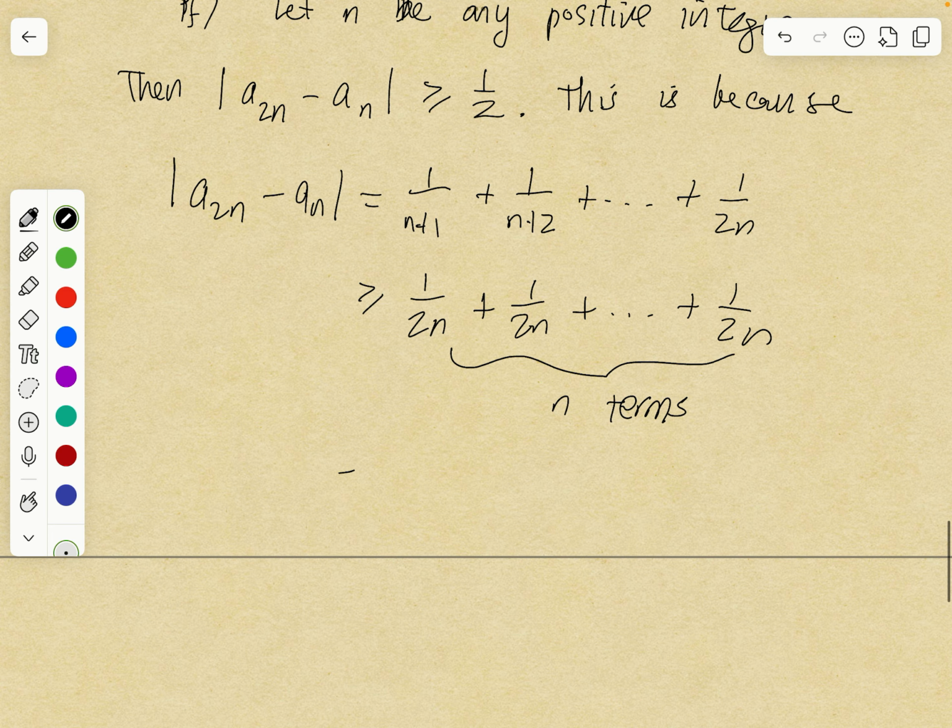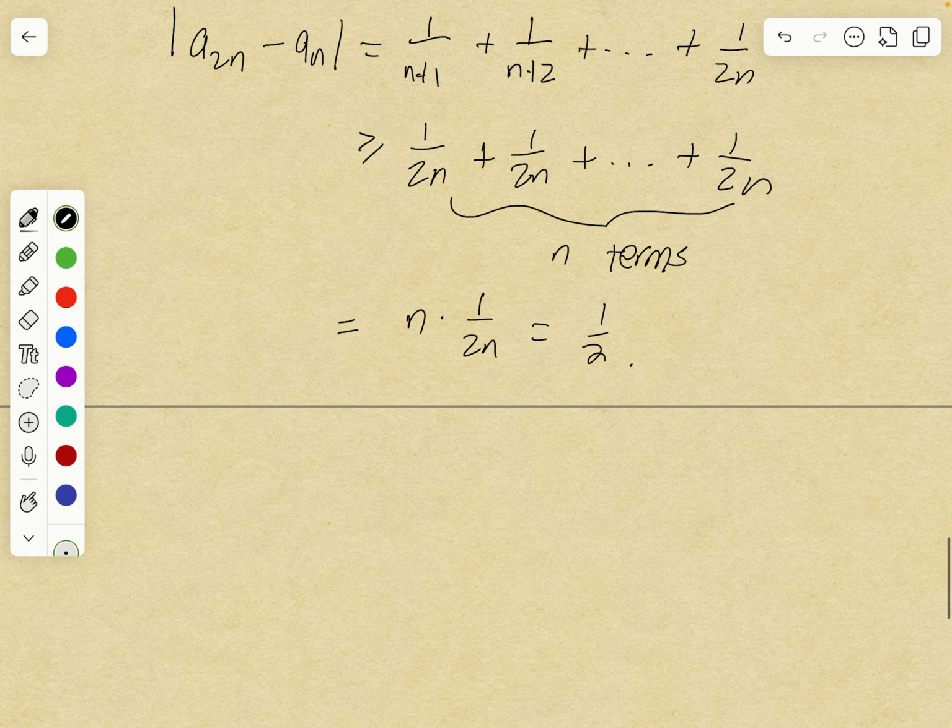So this is equal to n times 1 over 2n, which is a half. So we've shown that every positive integer n has the property that a sub 2n minus a sub n is greater than or equal to a half. Now, how does this show that the sequence is not Cauchy?